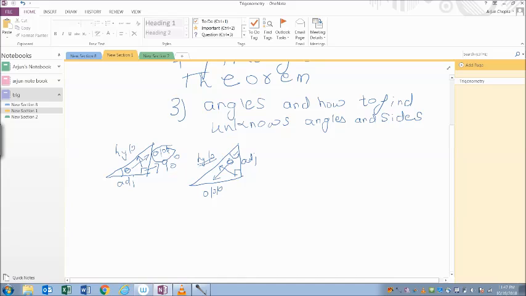Now, as we said earlier, we're going to talk about the Pythagorean theorem. So the Pythagorean theorem says that hypotenuse square is equal to opposite square plus adjacent square.